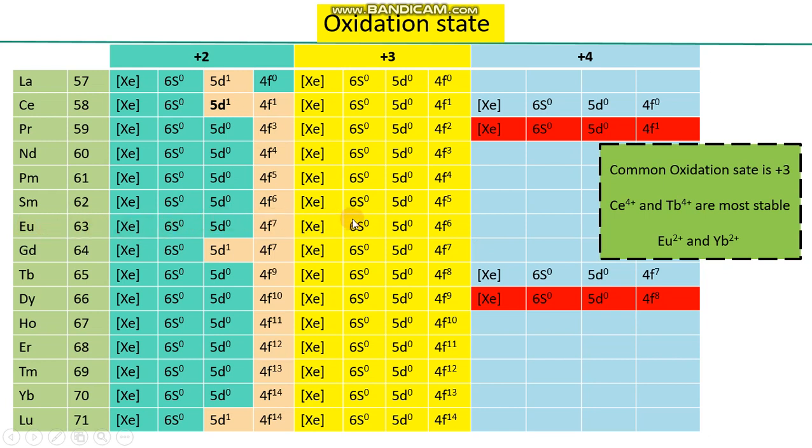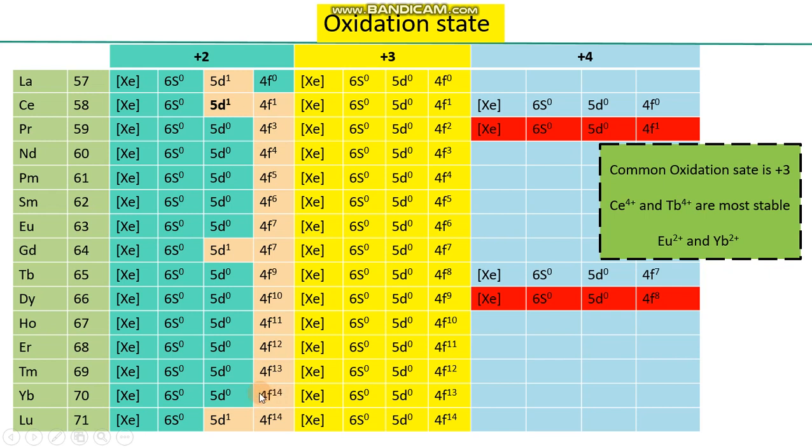The +2 oxidation state is 4f7, and because of this f7 the system is extra stable, as we discussed that this is a half-filled electronic configuration. Then ytterbium is second last in the series, and this possesses 4f14 electronic configuration. Since 4f is completely filled, the system is extra stable.